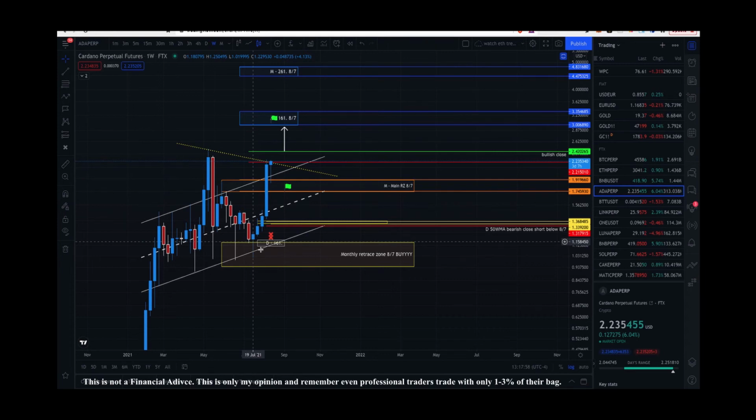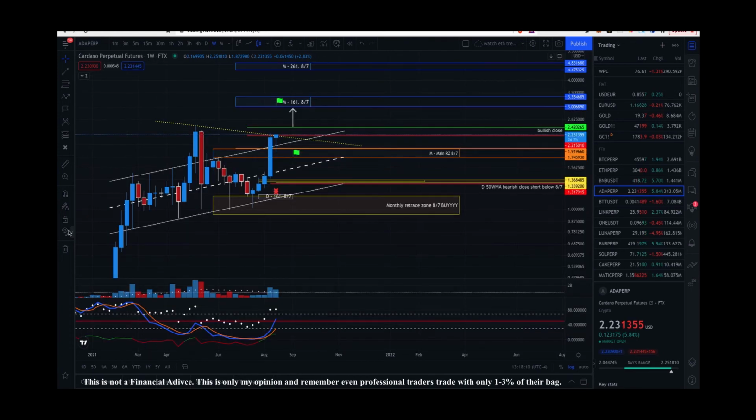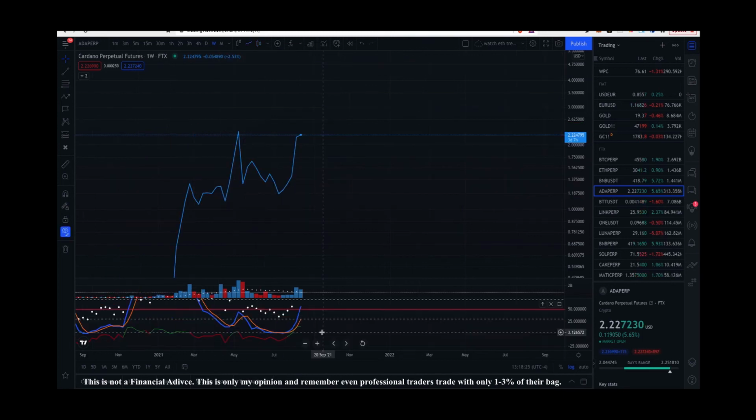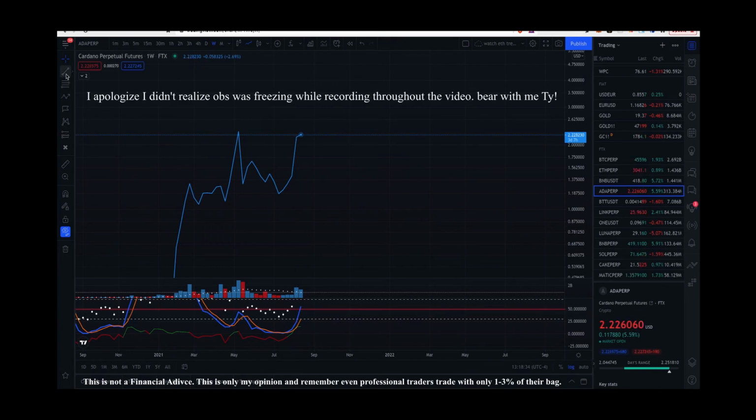So why I'm not completely bullish on Cardano is only because of this bearish divergence over here on the weekly time frame. Let me show you what I'm talking about. This is my RSI, my stochastic over here, and this is the price. You can see over here there is a bearish divergence on the weekly time frame.